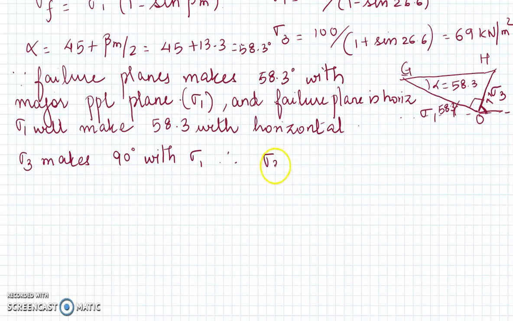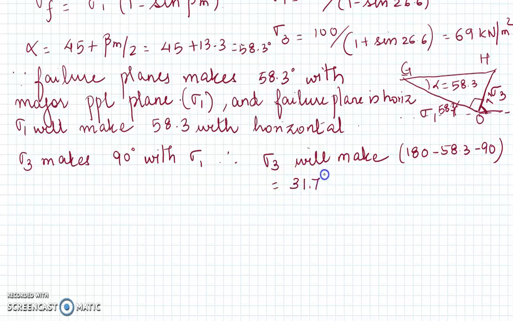Therefore, sigma 3 will make, what will be the angle with horizontal? 180 minus 58.3 minus 90 degrees. That is equal to how much? 31.7 with horizontal.